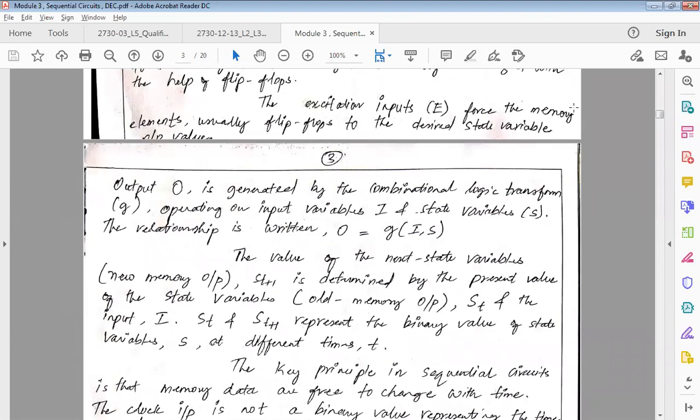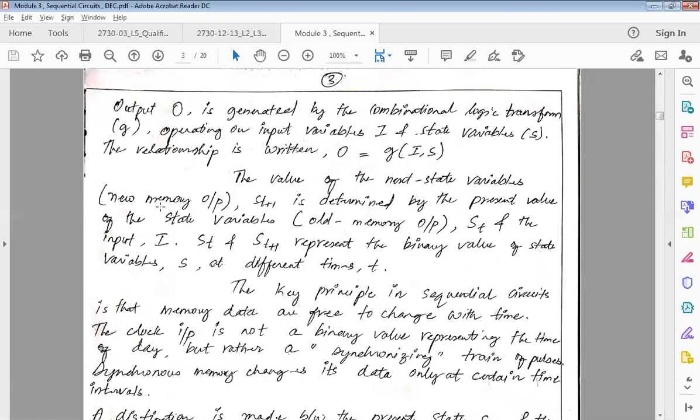The excitation inputs force the memory elements, usually flip-flops, to desired state variable output values. The output O is generated by the combinational logic transform, which is G, operating on input variables I and S. So what is this I and S?